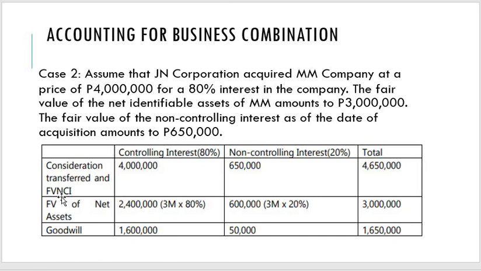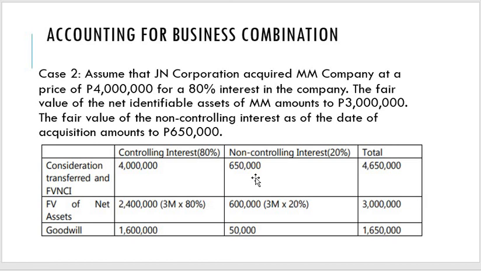Which is 650,000. So, to compute the goodwill, that's the sum of the consideration transferred plus the fair value of non-controlling interest, which is 4,650,000. Okay? Then, your fair value of your net assets is 3 million. So, you have a goodwill of 1,650,000 in total. Okay? So, the total goodwill is 1,650,000 and the non-controlling interest is 650,000 because that is its fair value.